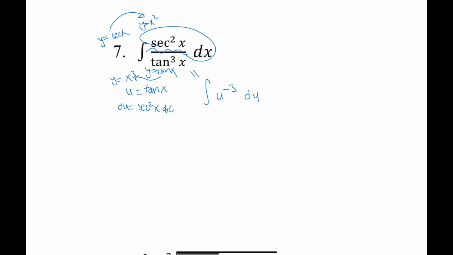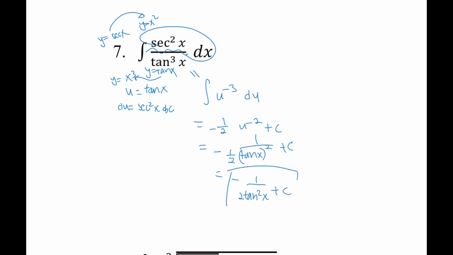And then let's just take the integral, which would be pretty simple. Negative 1/2 and then u to the negative 2, right? Plus c. So that will be negative 1/2 and then just tangent x to the power of 2 over 1 plus c. Yeah, I wrote that weirdly, so just negative 1/2 tangent squared x plus c. So this would be the answer.